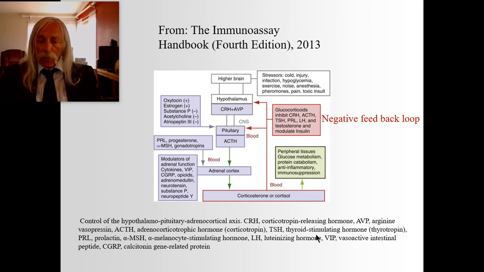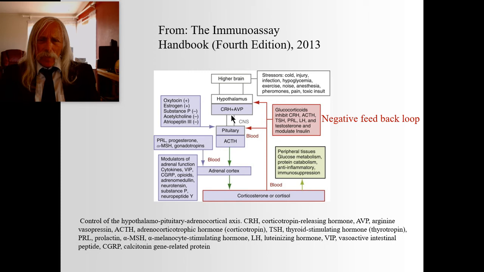TSH, if you don't remember, is thyroid-stimulating hormone, also known as thyrotropin. PRL is prolactin. The alpha MSH is the alpha melanocyte-stimulating hormone from the pro-opiomelanocortin system. LH is luteinizing hormone, VIP, maybe we haven't talked about that very much, is the vasoactive intestinal peptide. And CGRP is calcitonin gene-related peptide. Okay, so that's enough of looking at the acronyms.